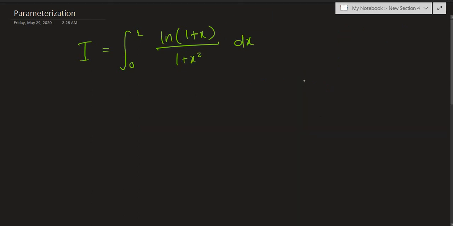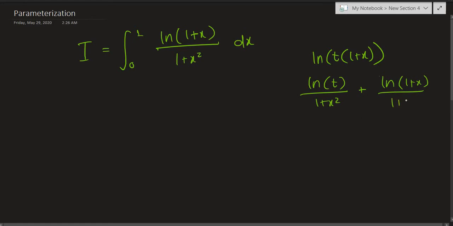Now another parameterization that evidently fails is the natural log of t times whatever was inside, 1 plus x, basically, while it's being multiplied. So this fails because using the log properties, now we have the natural log of t divided by 1 plus x squared, plus, well, I just didn't write the denominator over here, but we still have the denominator, and the natural log of 1 plus x divided by 1 plus x squared dx.